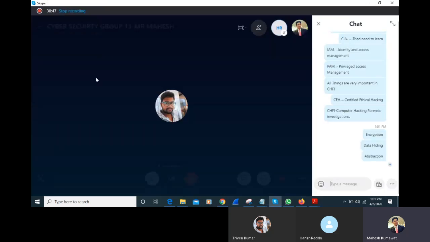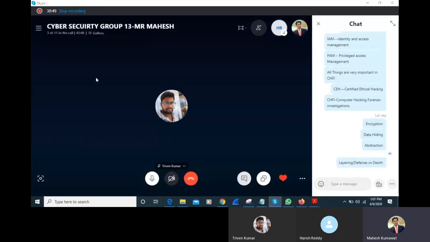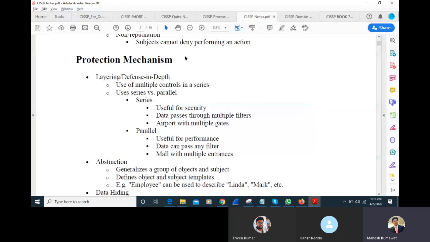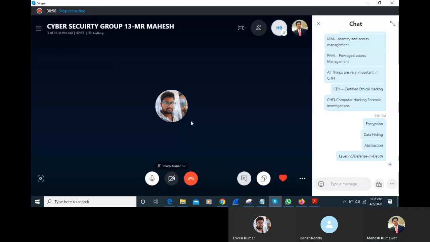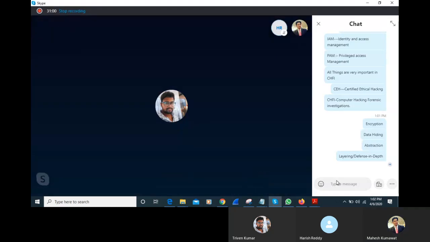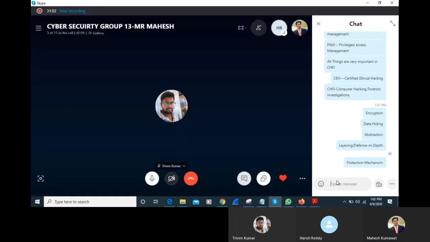So these are the four ways we can defend the data. Protection mechanism. How can you protect it?